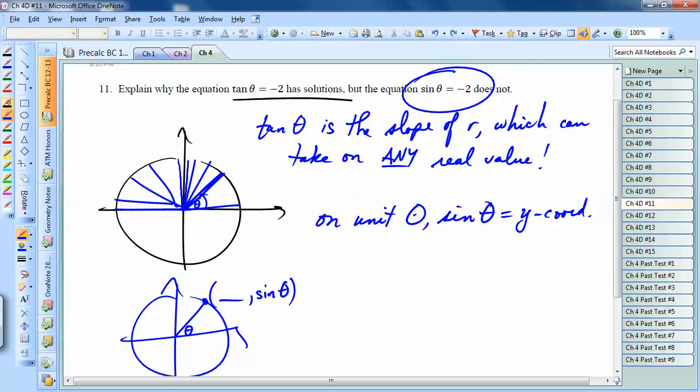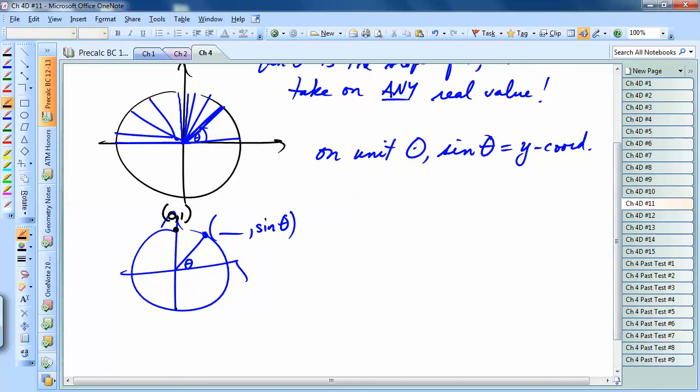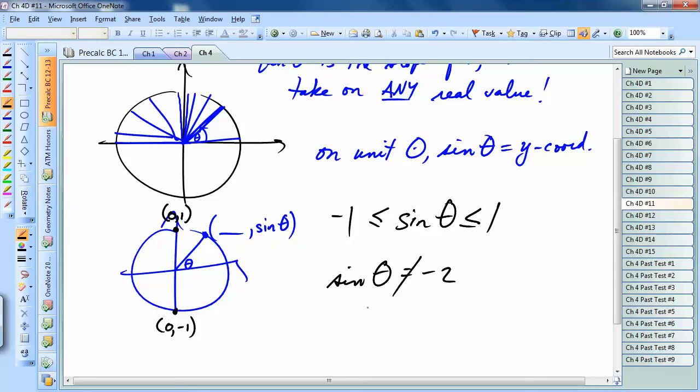Okay, and on the unit circle, the biggest y value you can get is 1, and the smallest y value you can get is negative 1. So that means that sine theta has to be between 1 and negative 1. So there's no way to get sine theta equals negative 2 out of that, right?